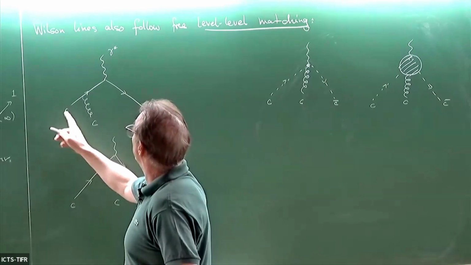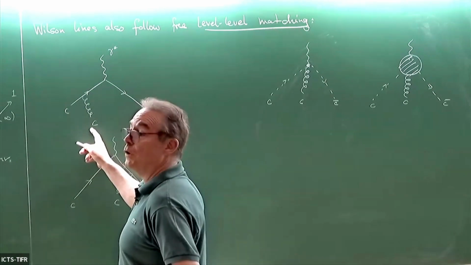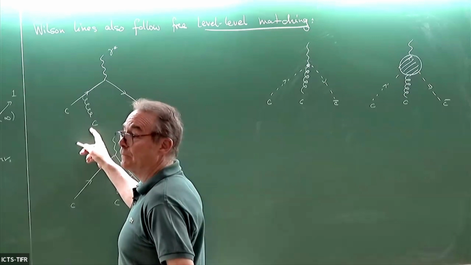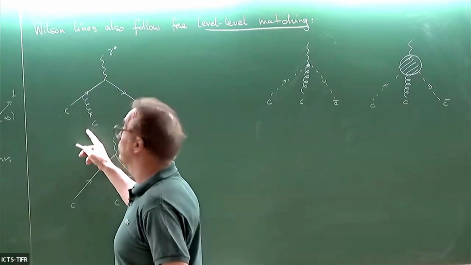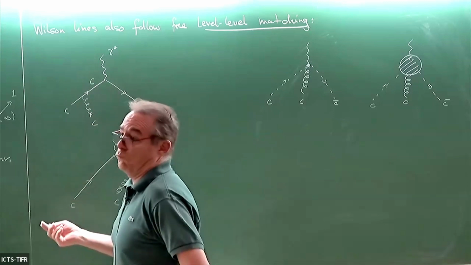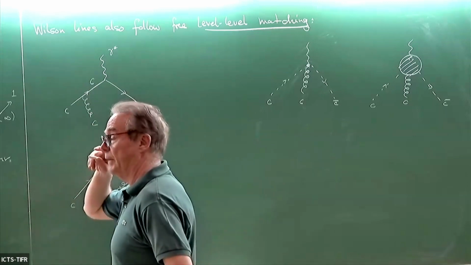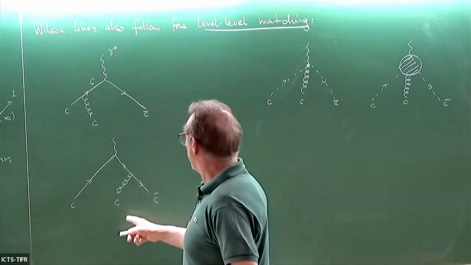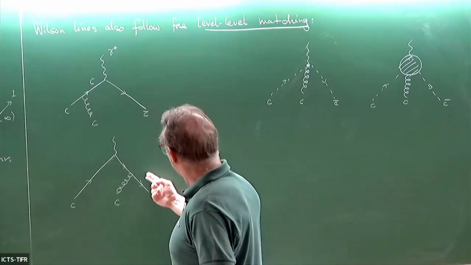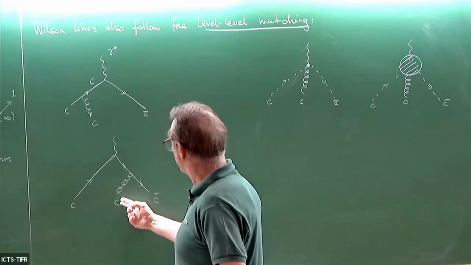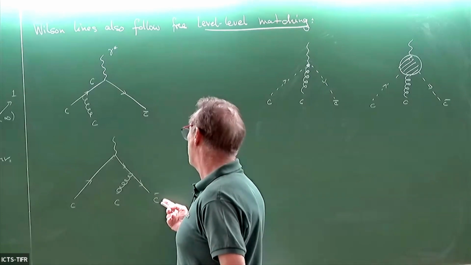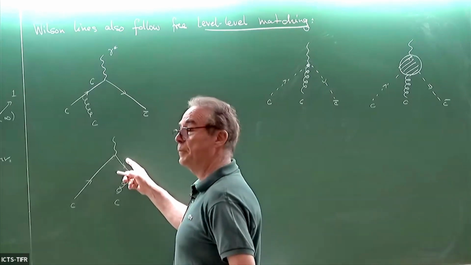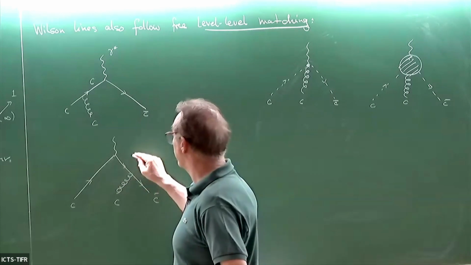If I start with a collinear quark and I attach a collinear gluon, what do I get? A collinear quark, right? Collinear plus collinear stays collinear. In this diagram, I have an anticollinear quark coming out. If I attach a collinear gluon to an anticollinear quark, what do I find for this propagator? Hard. Excellent.